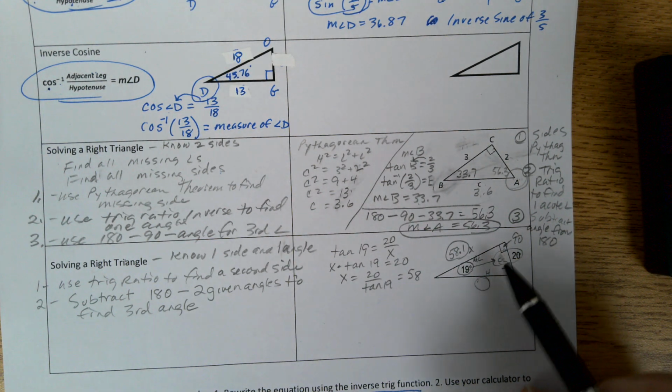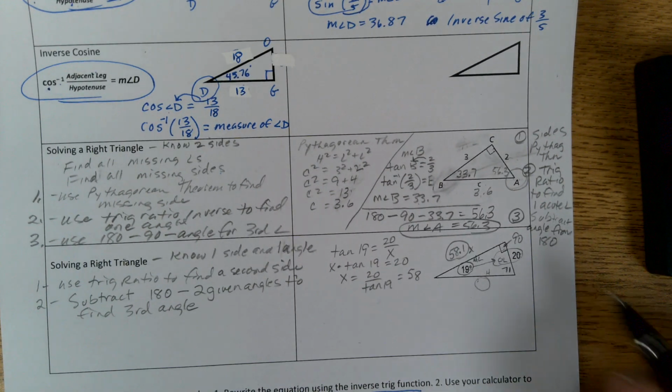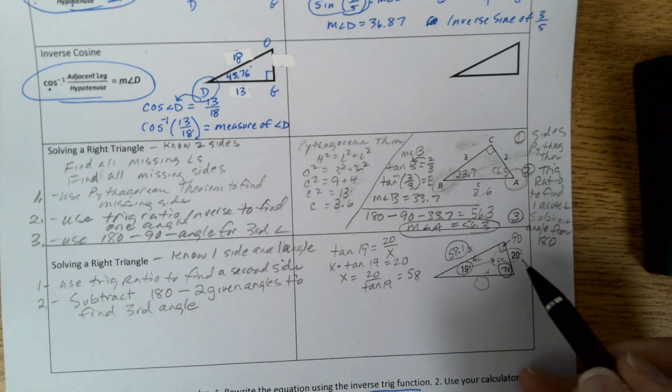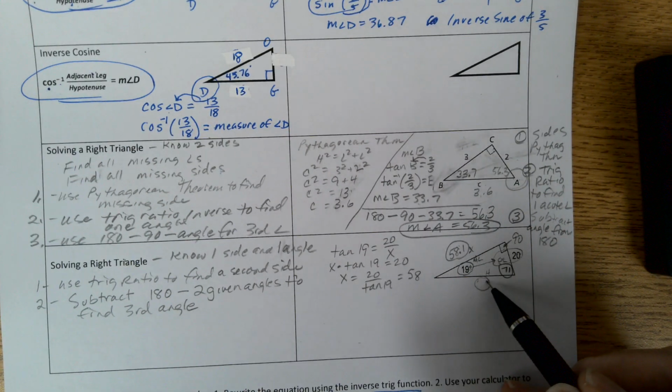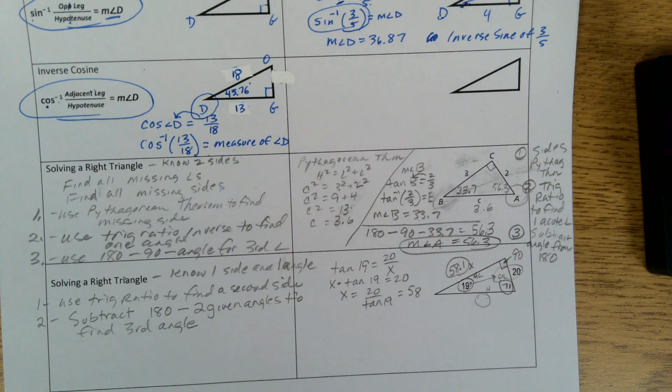So I've got angle, angle, angle, got all my angles, right? I've got side, side, I need this side here. Now if we want, we could use Pythagorean theorem, or you can use a different one. Use cosine, use sine, use tangent, use whatever one you want.